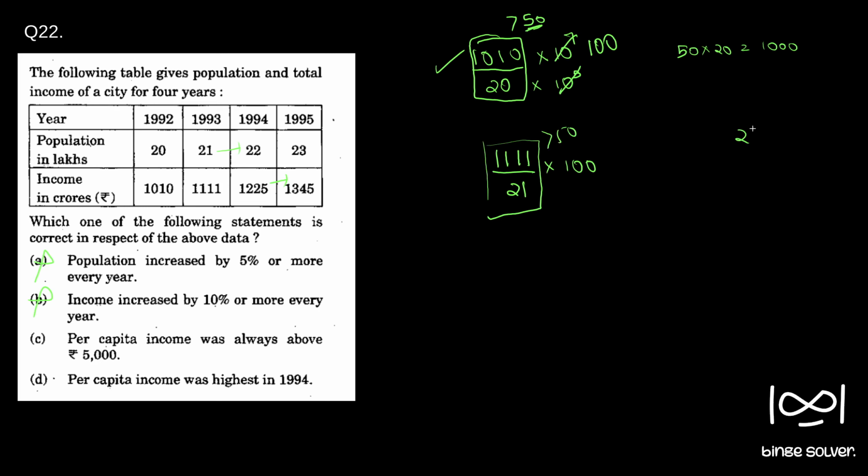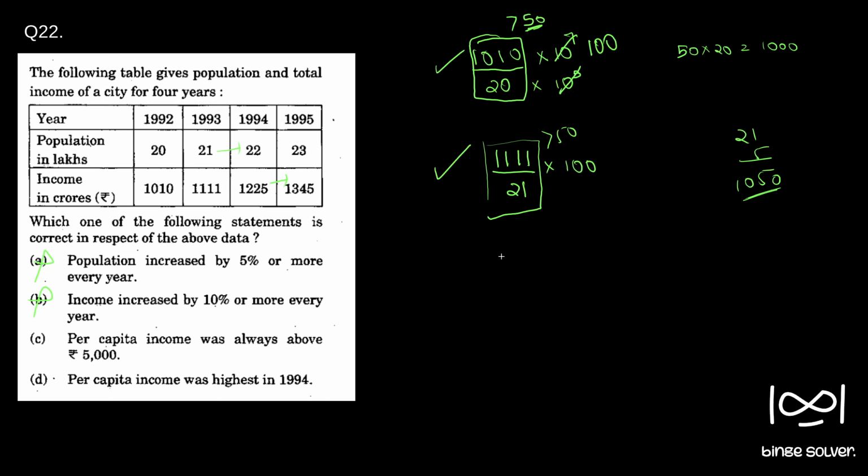For that, 21 into 50 is 1050. 1111 is greater than that, so this will give a value greater than 50. So this is also true.